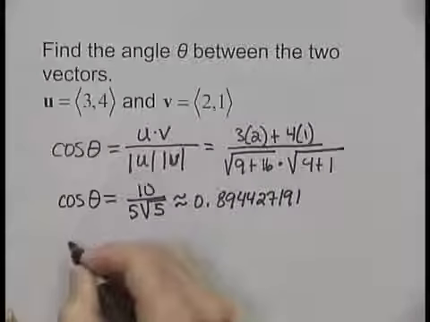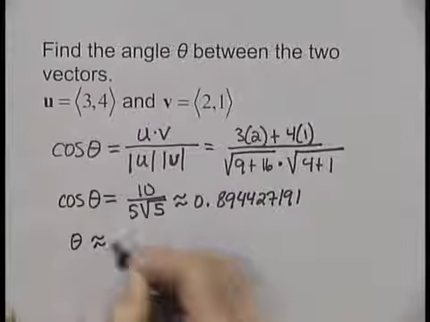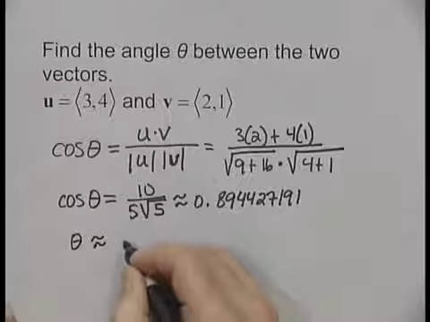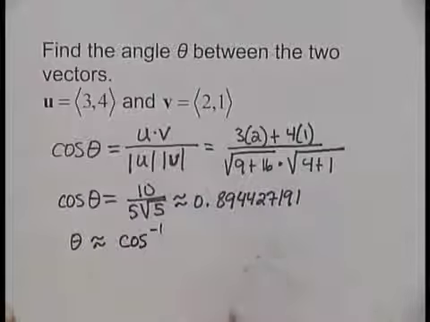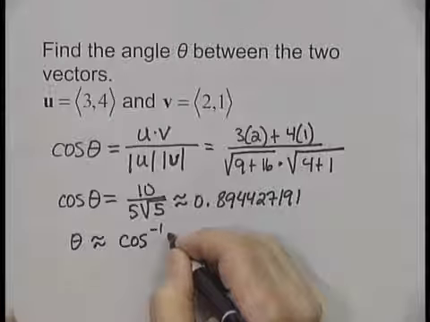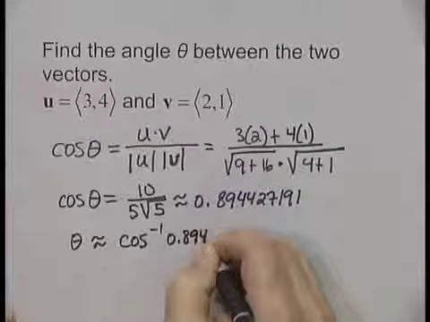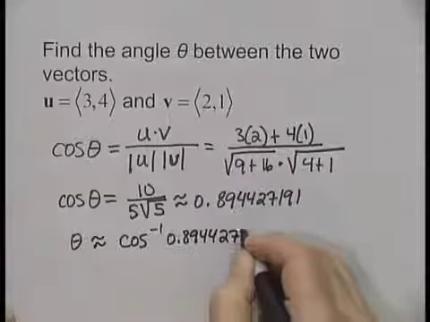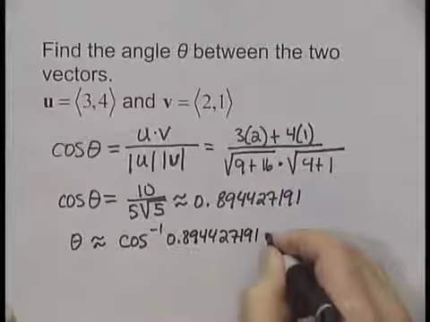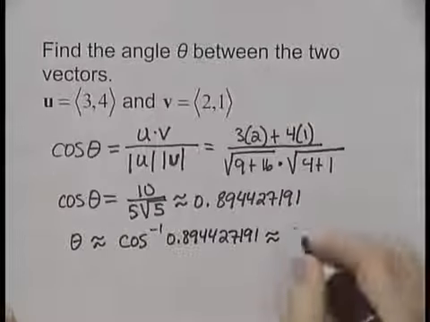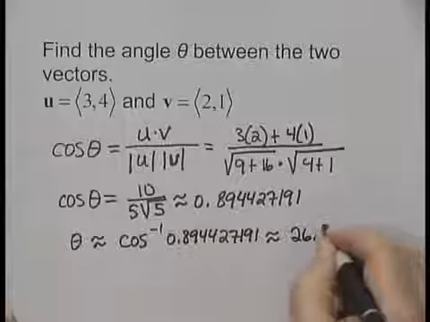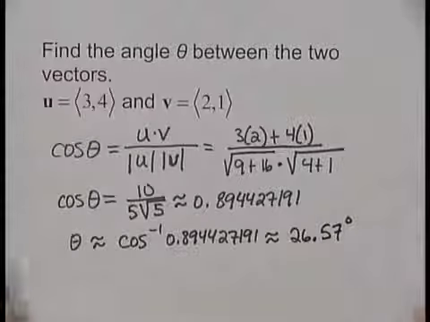So theta will be approximately equal to the inverse cosine of the 0.8944279191, and that means it's approximately equal to 26.57 degrees.